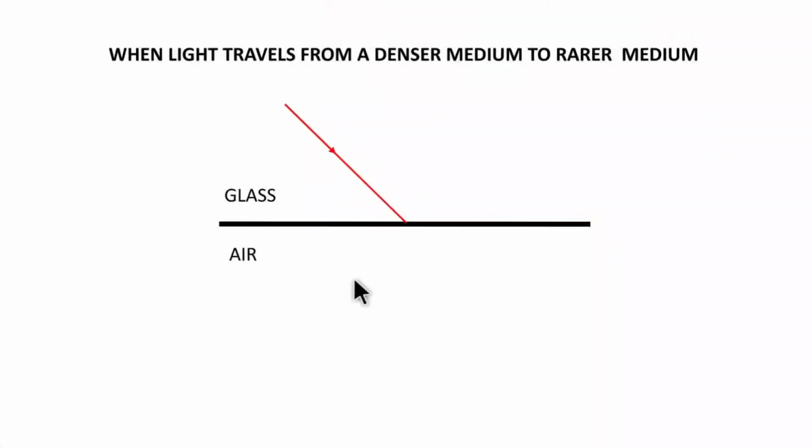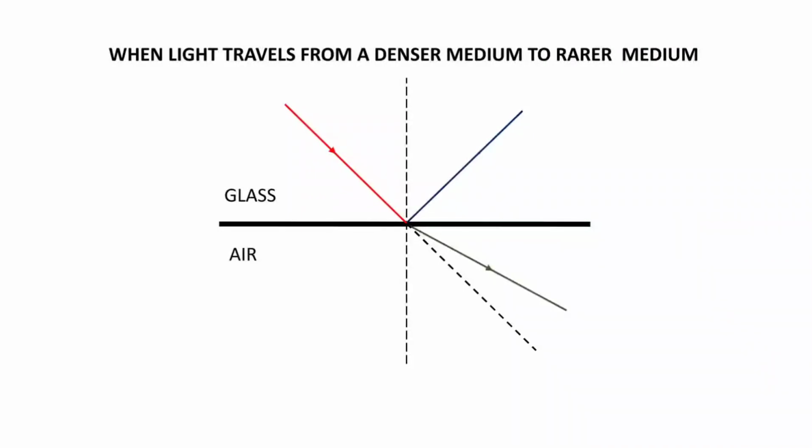After the light is incident on the surface, it undergoes reflection. A portion of light is reflected back into the glass, into the same medium, and a portion of light which is supposed to move in the dotted line path will now bend and move away from the normal.